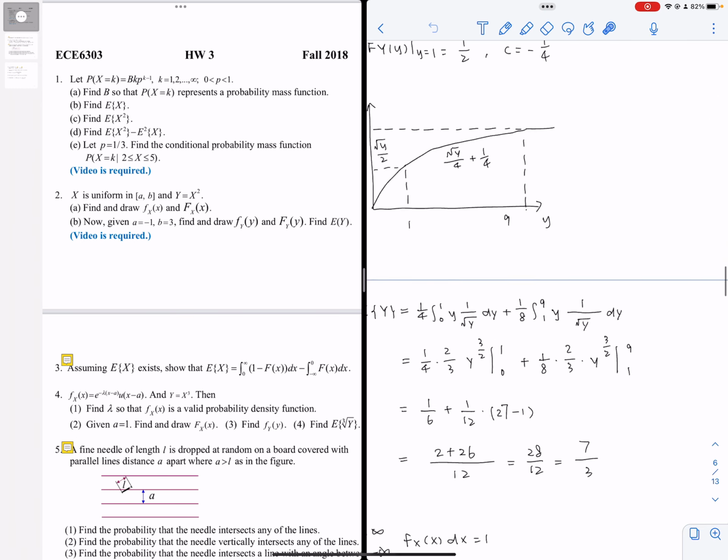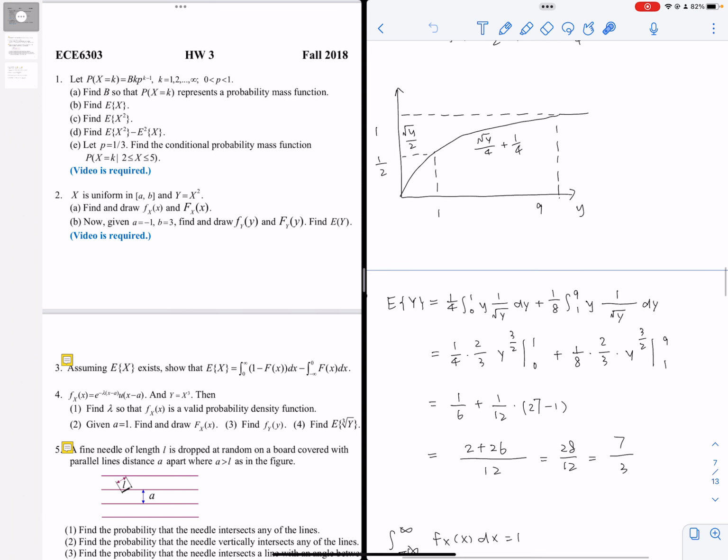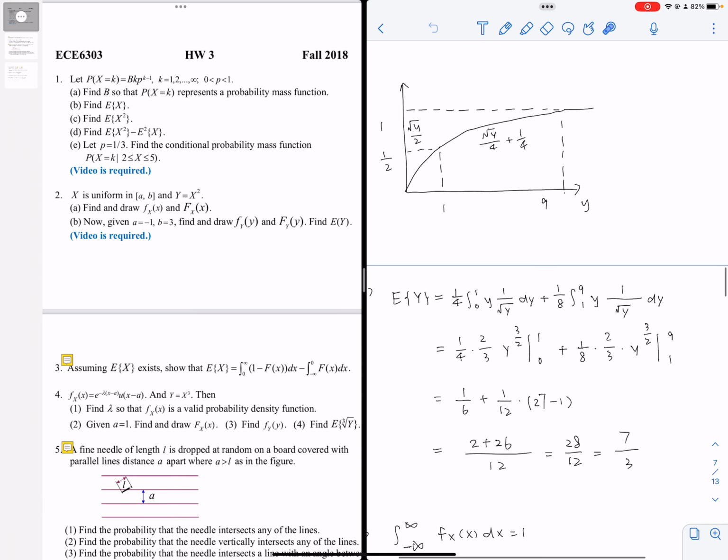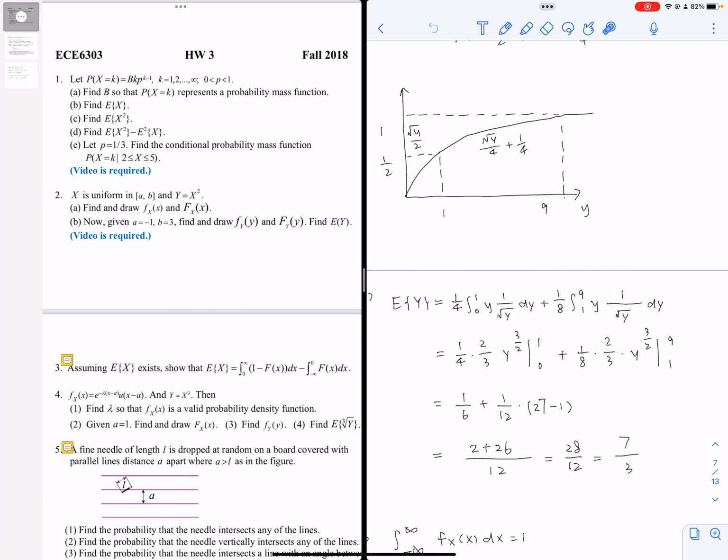And lastly, we're asked to find out the expectation of y. And we can just have it here. Because we're asked to find y, then we move y in here and then integrate this thing.